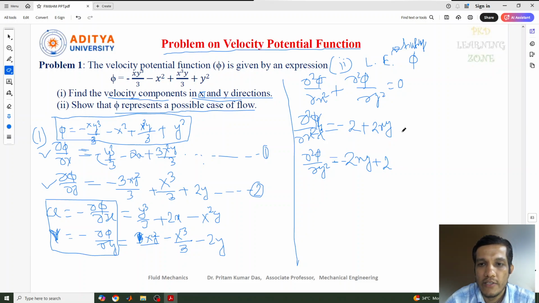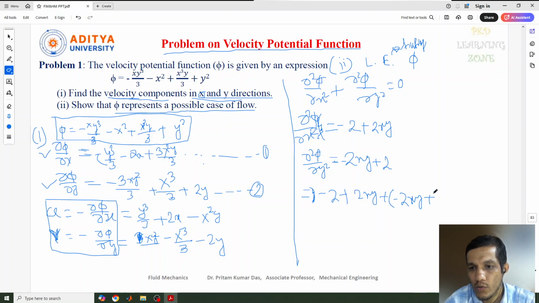So this is del square phi by del x square, and this is del square phi by del y square. Just put these values in the Laplace equation. We get minus 2 plus 2xy, plus the total term minus 2xy plus 2.